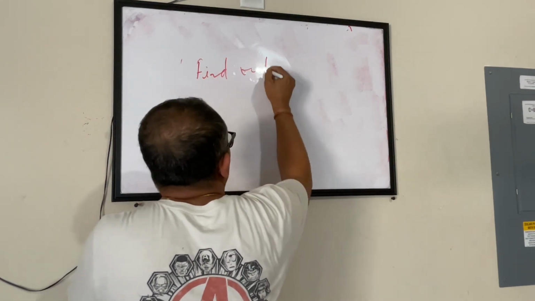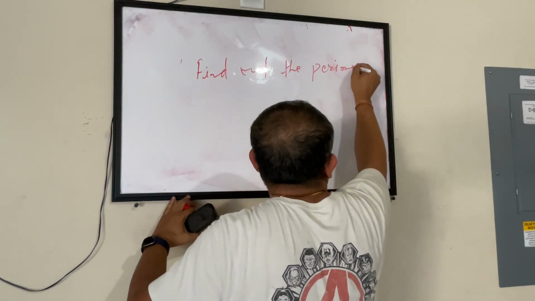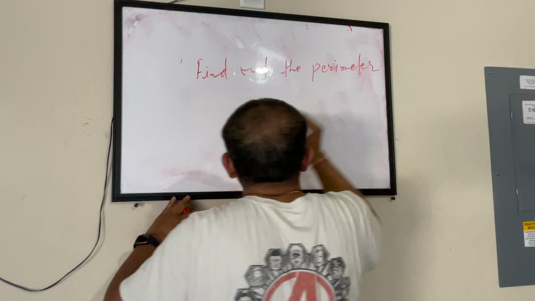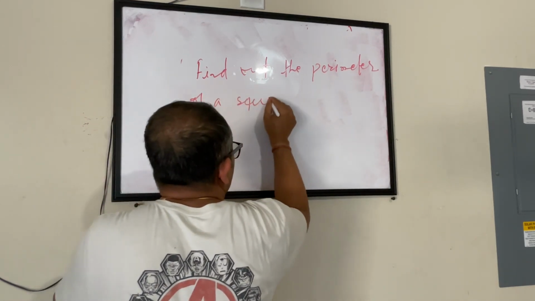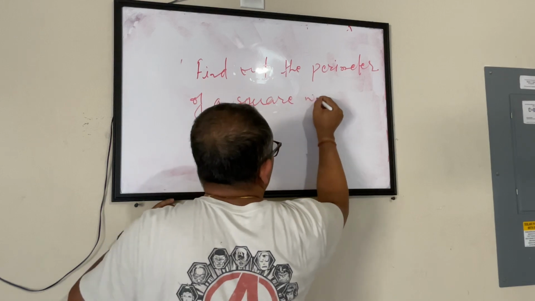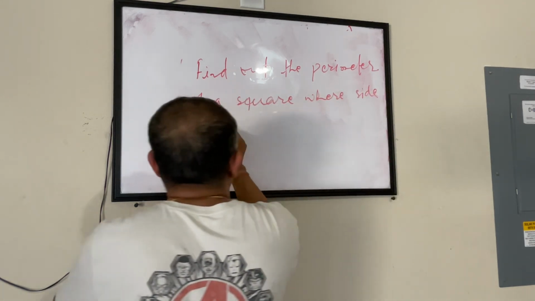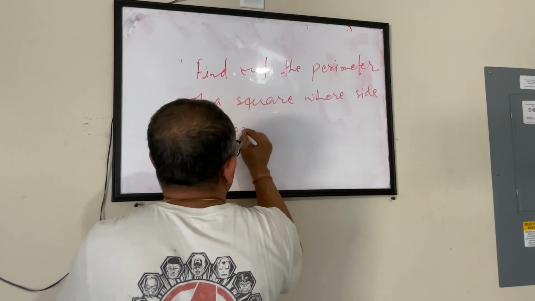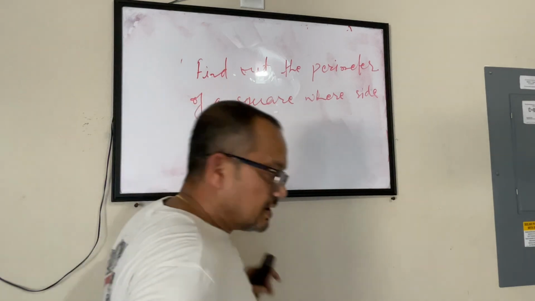Find out the perimeter of a square where side is 10 millimeters. Now you have to solve it, okay?